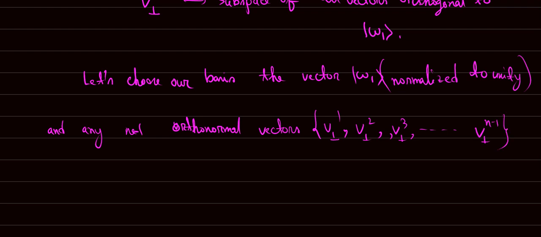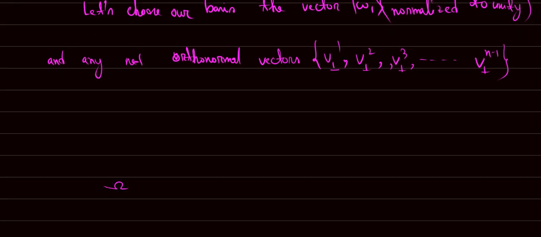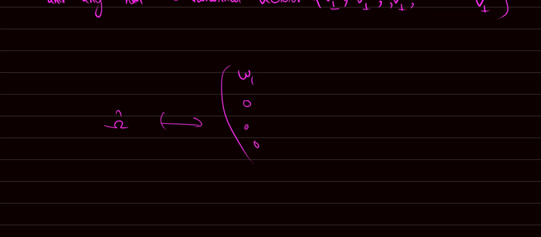So in this basis, our matrix representation of omega will be omega 1, 0, 0, 0, then dots and something.